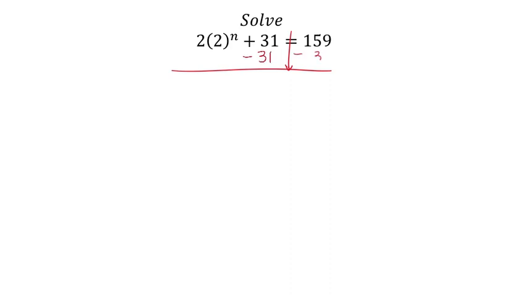This would be considered isolating the variable, which means you want it to be its own term all by itself. Okay, so 31 minus 31, that does zero out. We now have 2 times 2 to the power of n, and this would equal 159 minus 31. Boom, 128.